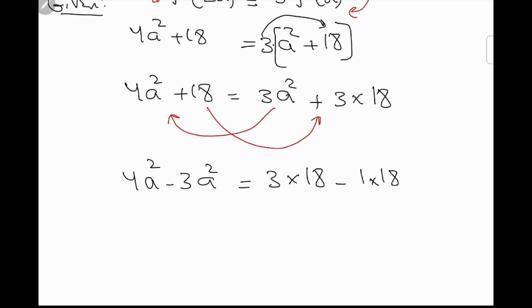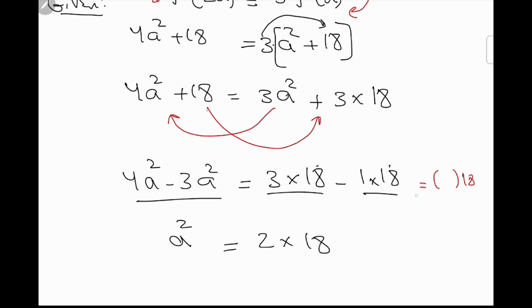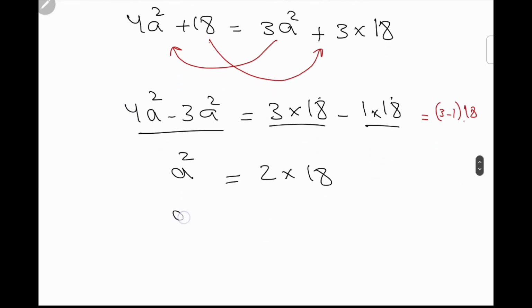So 4a squared minus 3a squared is just a squared, equal to 3 times 18 minus 1 times 18. You can take 18 as a factor, and then you have 3 minus 1, which is 2 times 18. And then if you continue, you have a squared equal to 36.